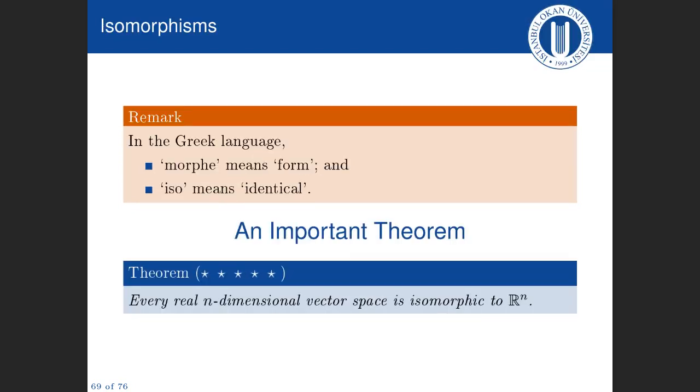And that brings me to a very important theorem. Just as hotels could be 3-star hotel, 4-star hotel, 5-star hotel, etc., perhaps we could say the same about theorems. And if that was true, then this would be a 5-star theorem. Every real n-dimensional vector space is isomorphic to Rn.